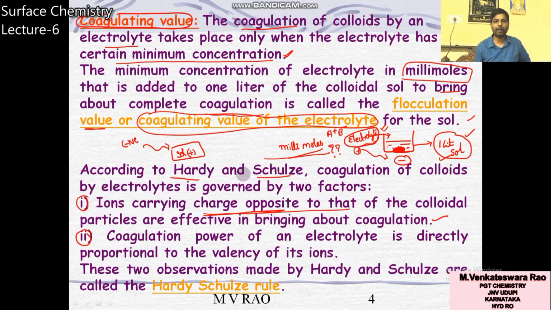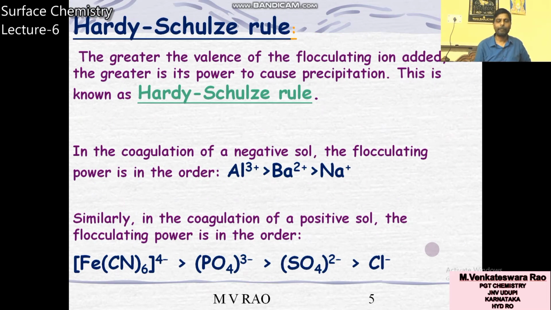The charge should be opposite. Next, the coagulation power of an electrolyte is directly proportional to the valency of its ions. These two observations made by Hardy and Schulze are called the Hardy-Schulze rule. It is important for examinations, for competitive examinations also.